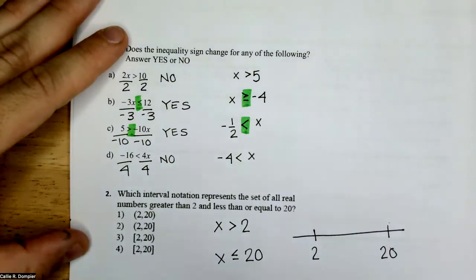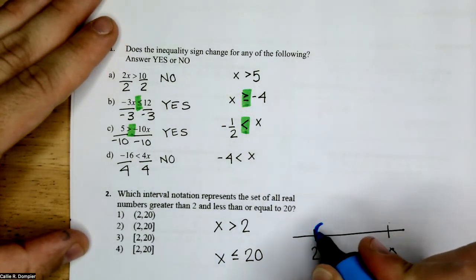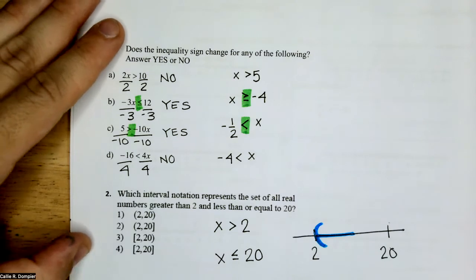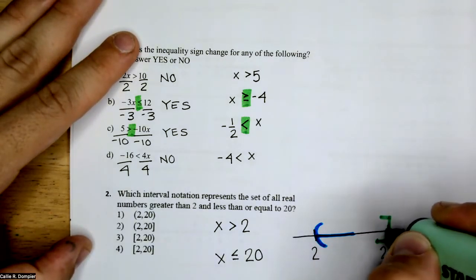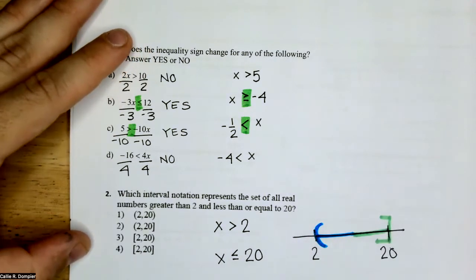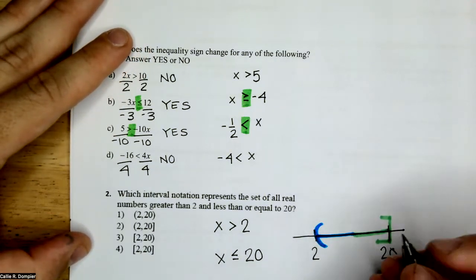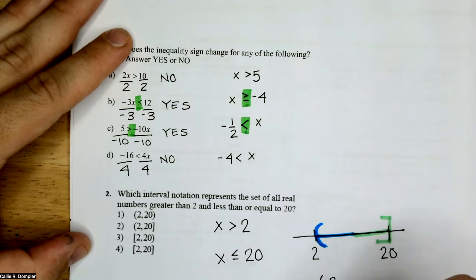X is greater than 2 but doesn't include 2, so it starts like that. And then x is less than or equal to 20. So if I had to write that in interval notation, I would start with parentheses 2, comma, 20, close it with brackets.